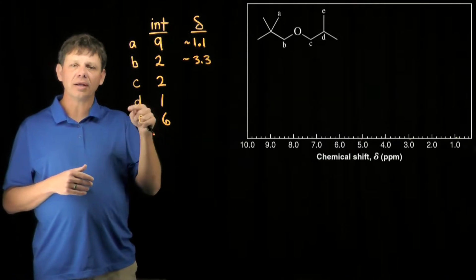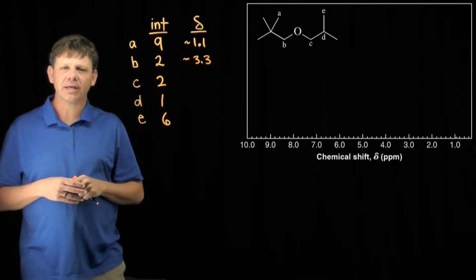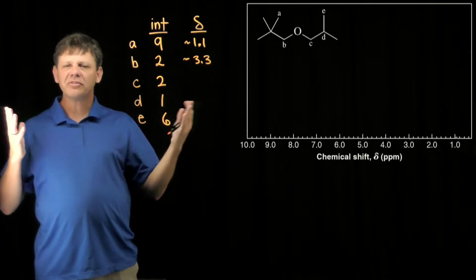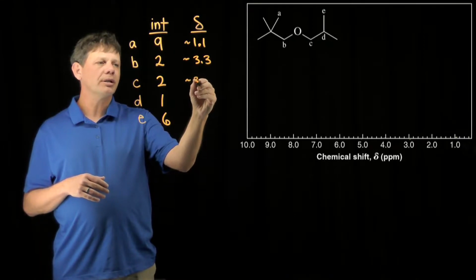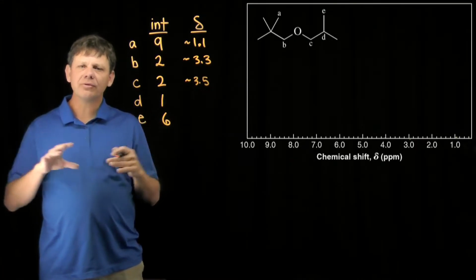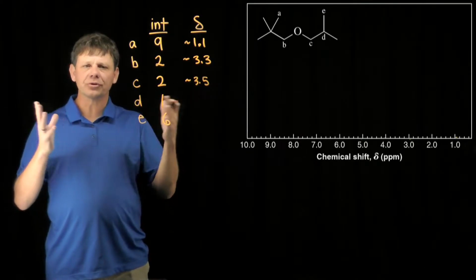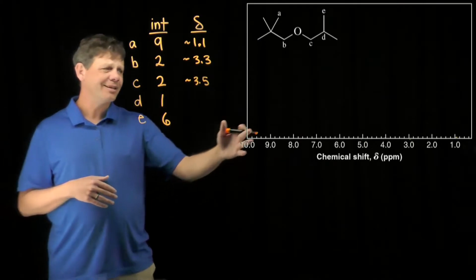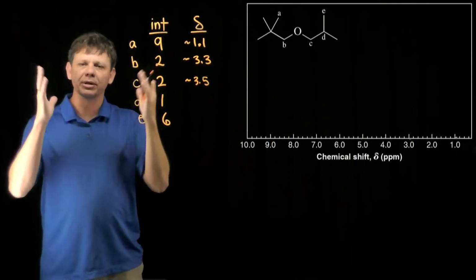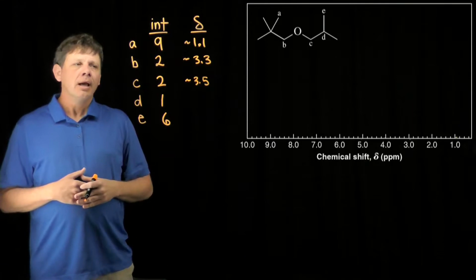It's 2 hydrogens on a carbon attached to an electronegative oxygen. So probably it's going to be right around 3.3. Just so we can give it some space, we'll put it around 3.5. Again, 3.3, 3.5, 3.2, but we have to put it somewhere. So we'll try to have it look like it's around 3.5. And when we get over here to draw, there might not even be the resolution on the screen, but we'll put it somewhere between 3 and 4.